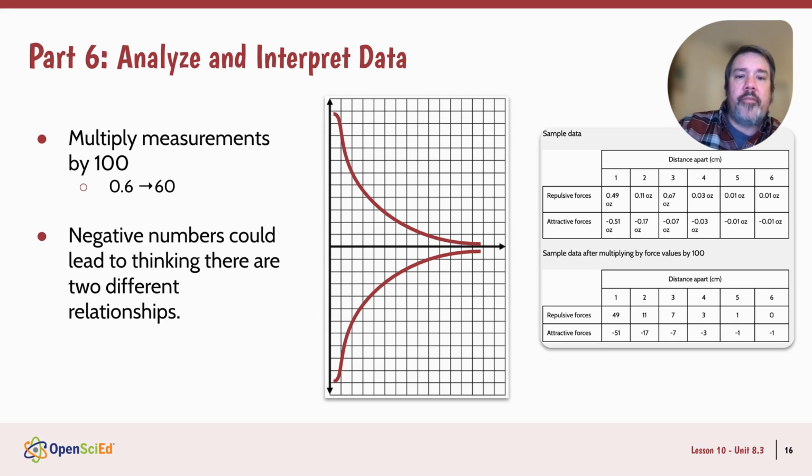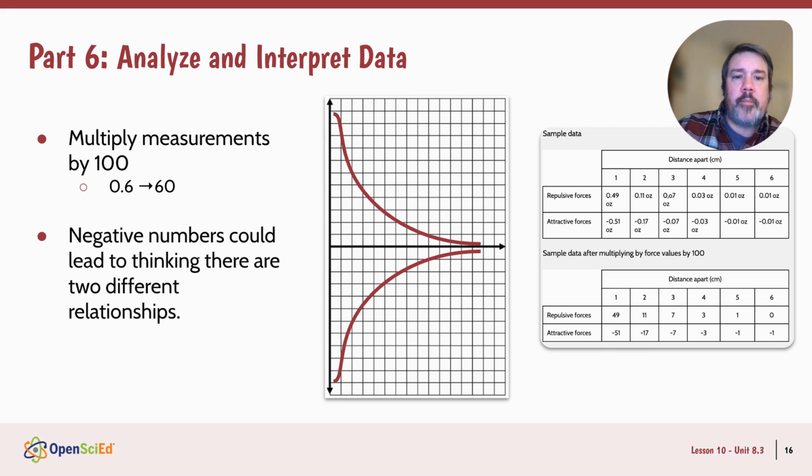So you may want to have them fold the graph paper so that they can see that when they're on top of one another, the relationship between them is very, very similar. You can also have them look at the numbers and think about absolute value to help them see that the relationship is very similar, regardless of whether it's attraction or repulsion.